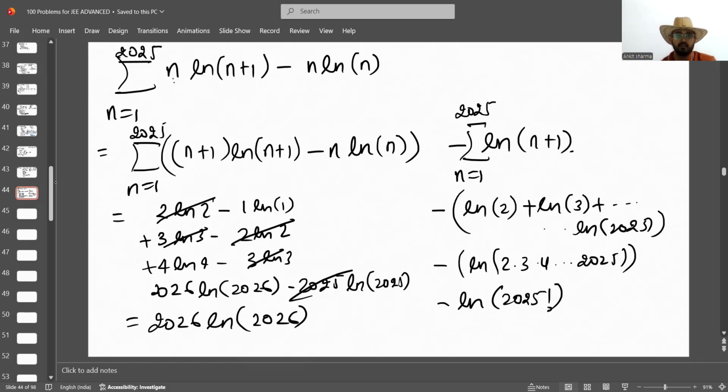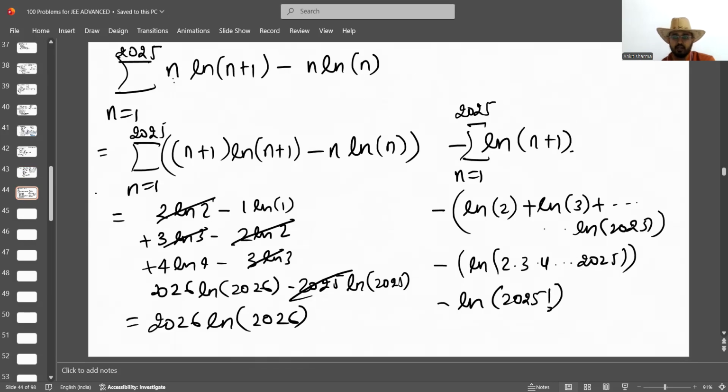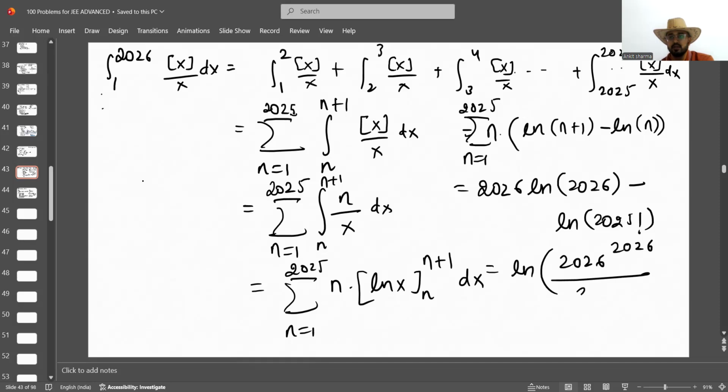So the final answer will be given as 2026 here. I'll write down this thing is equal to 2026 into ln of 2026 minus ln of 2025 factorial minus ln of 2025 factorial. Now again we can use the property, so I'll be having ln of 2026 power 2026 upon 2025 factorial.